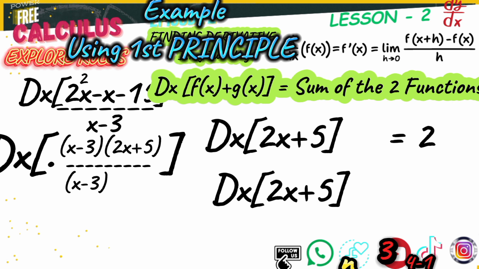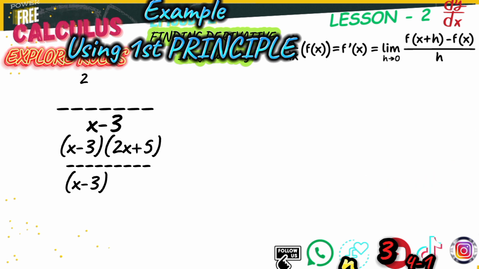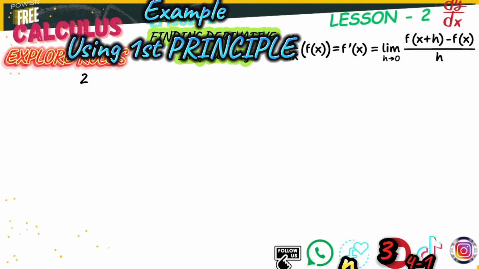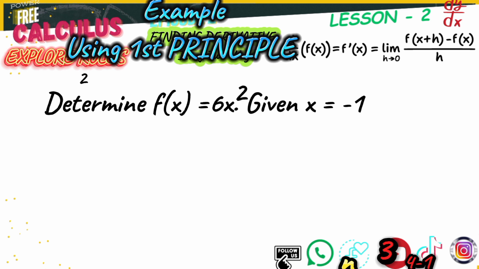Now let's try some examples using first principle. If you are told to apply first principle, this is what you should do. If you are given f of x equal to 6x to the power 2, and we are required to determine the gradient on a curve at point x equal to 1.